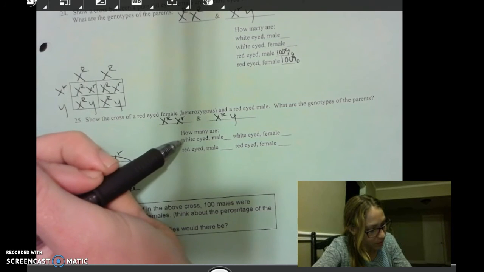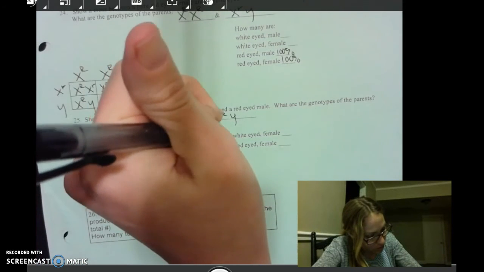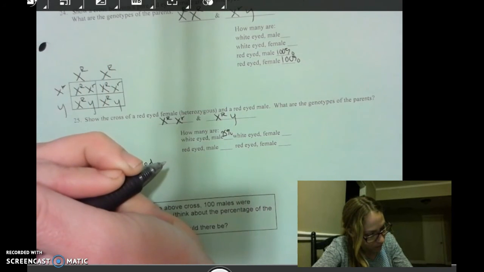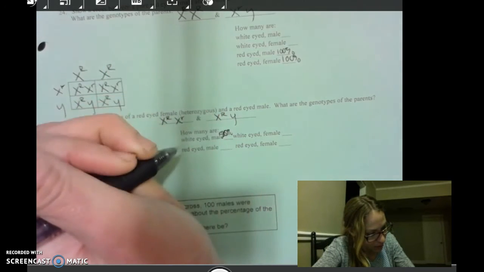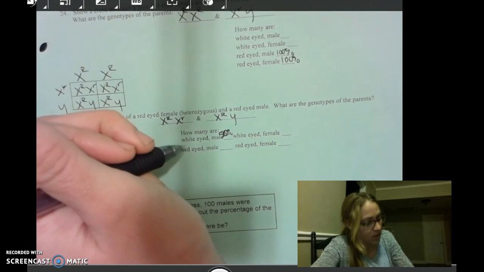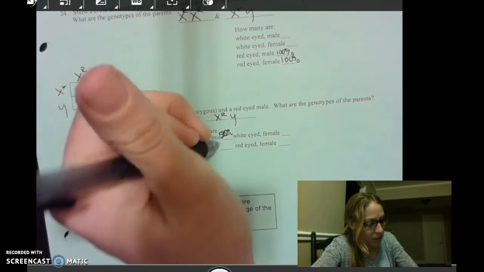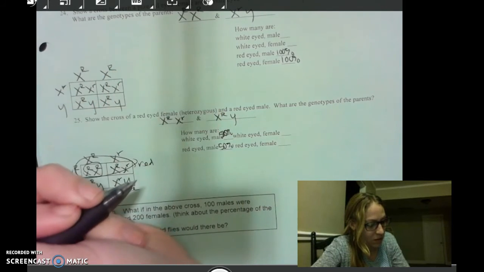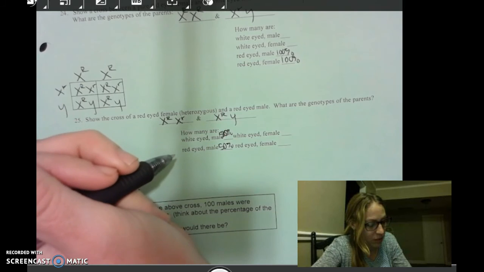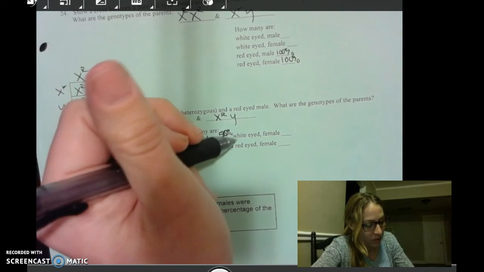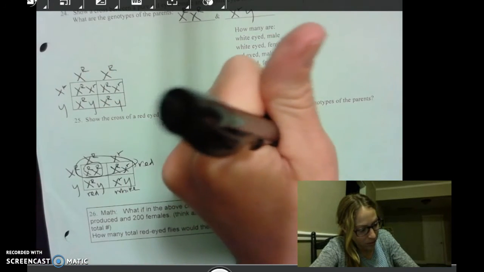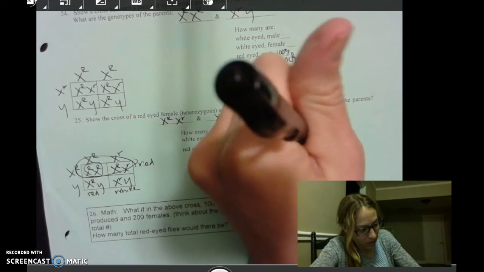So how many of the males are white? Let's just say 25%. Sorry, 50%. If we're breaking it into males and females, 50% of the males will have red eyes, and then how many of the females? 100% of the females will have the red eyes.